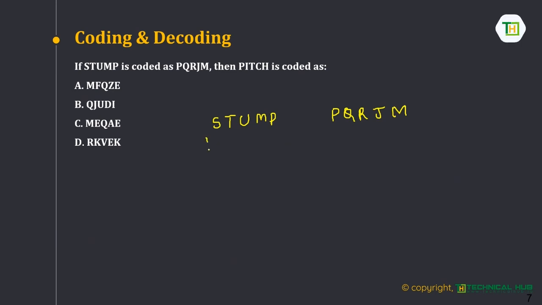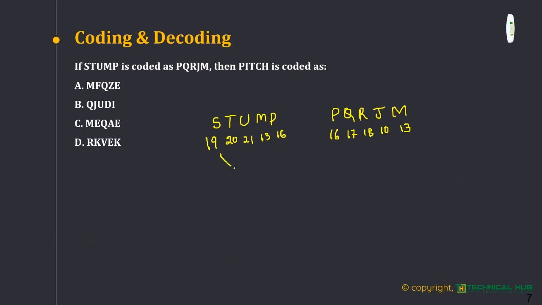S is 19, T is 20, U is 21, M is the middle number 13, P is 16 in the English alphabet. In the same way, the code word with respect to numbers: P is 16, Q is 17, R is 18, J is 10, and M is 13. Observe the numbers.